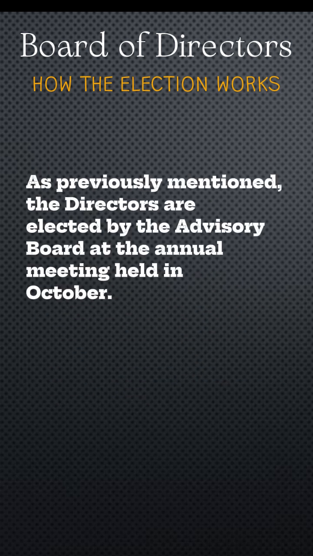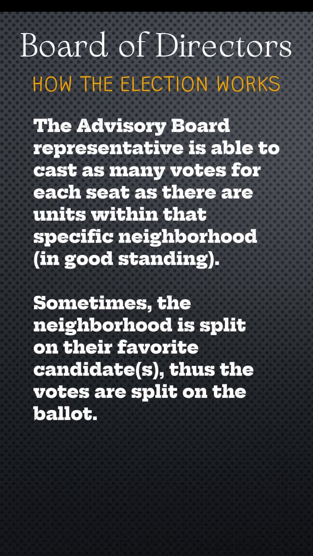The directors are elected by the advisory board at the annual meeting, like I said, and the advisory board representative is able to cast as many votes for each seat as there are units in good standing. So what that means is, for simple math, if your neighborhood has 50 units and there are 5 units in your neighborhood that are not in good standing with the SOA, that means you have 45 available votes.